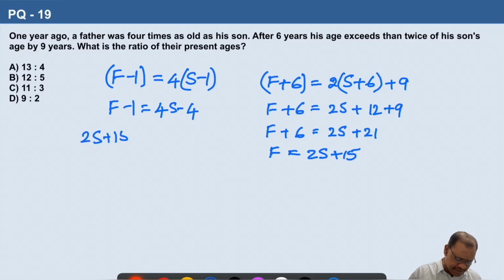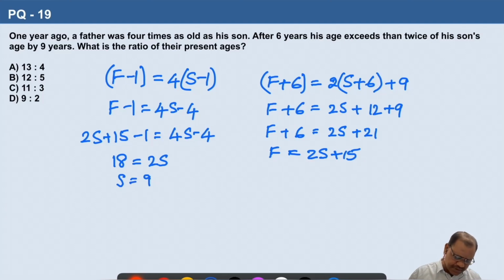2s plus 15 minus 1 is equal to 4s minus 4. So 15 minus 1 is 14. 14 plus 4 is 18. 4s minus 2s is 2s. S is equal to 9.